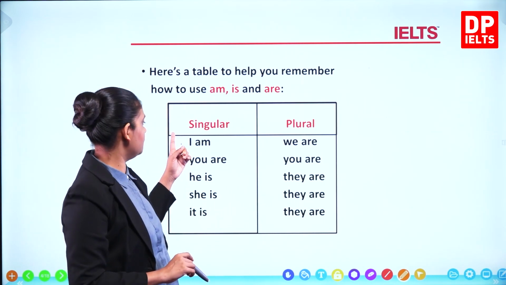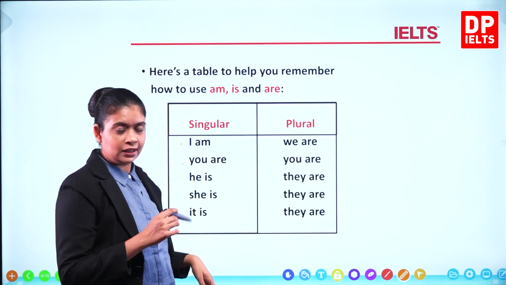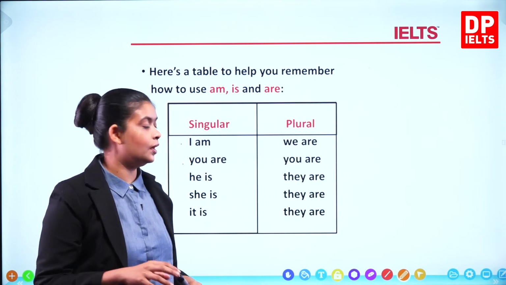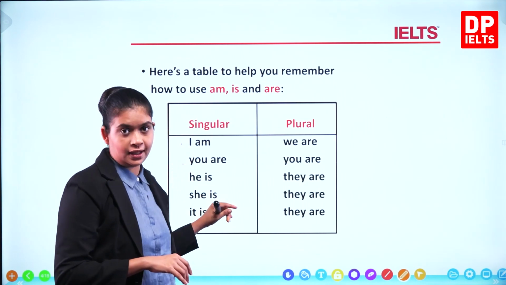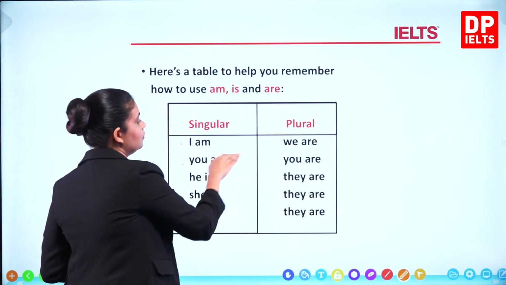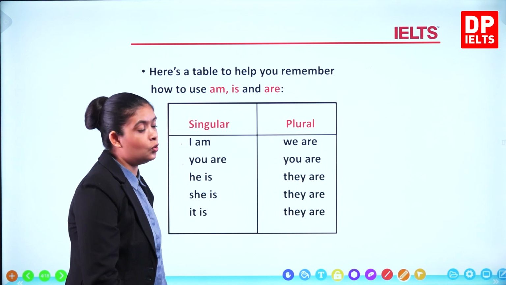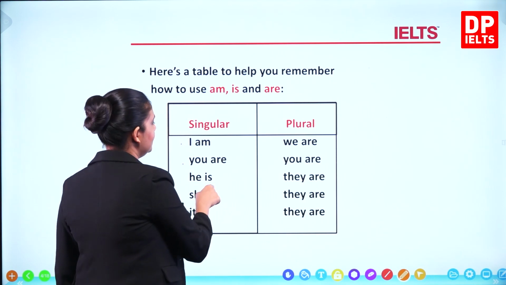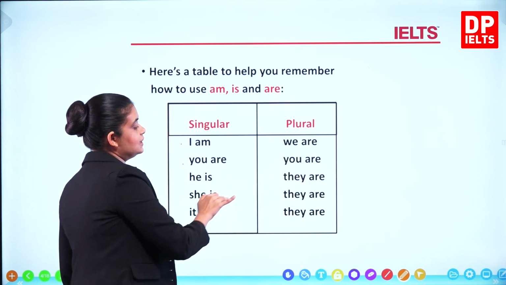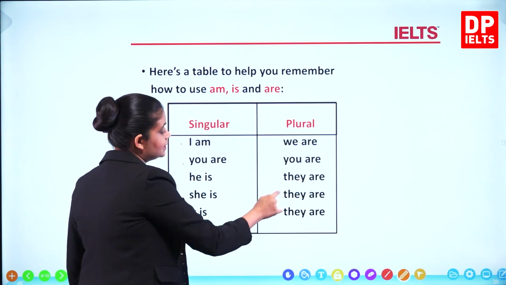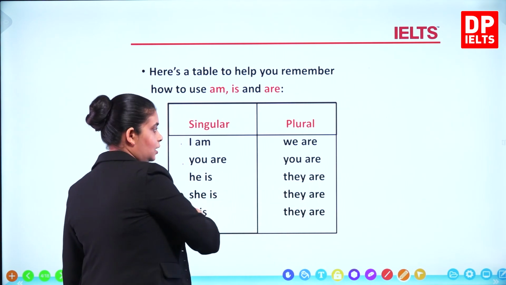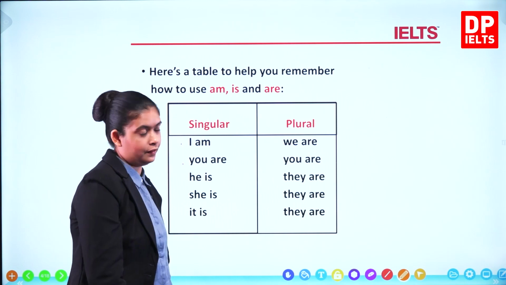So you remains you when you change it to plural. He is, they are. She is, they are. It is, they are. When you change the singular to the plural, right?